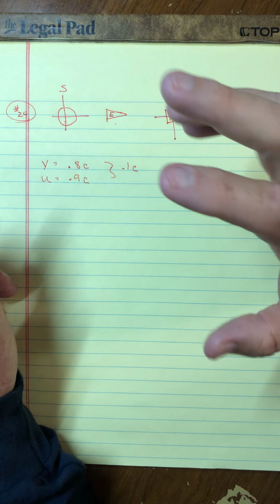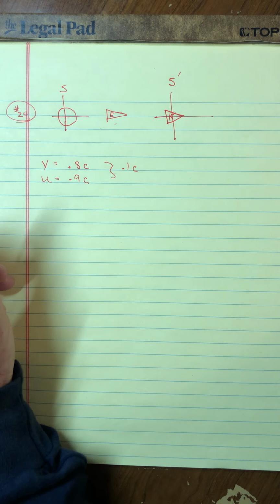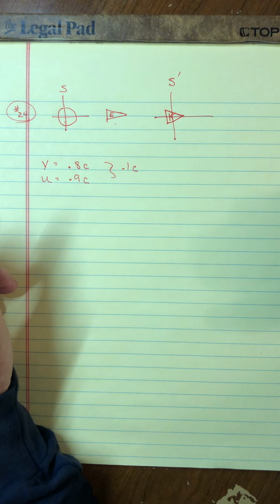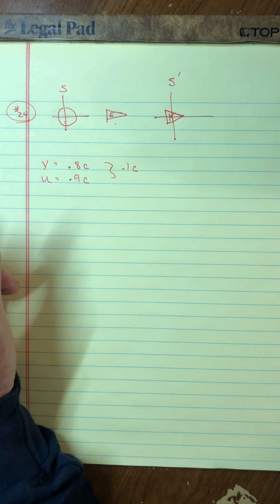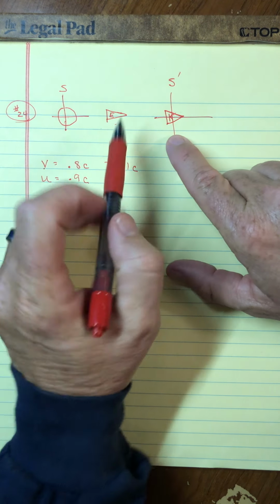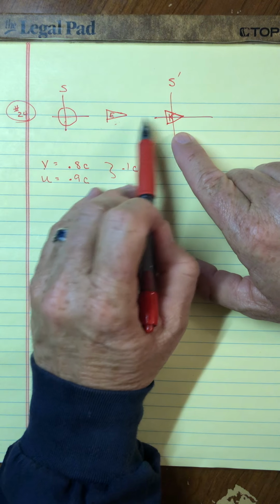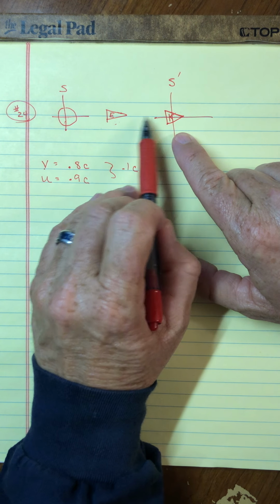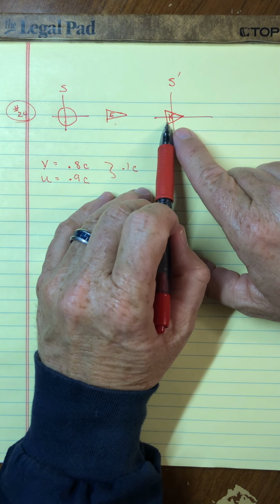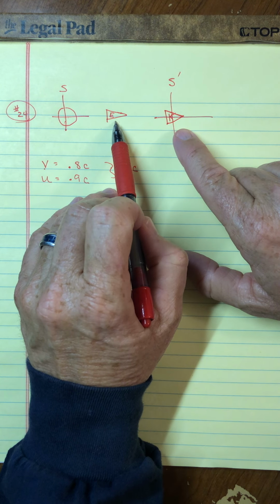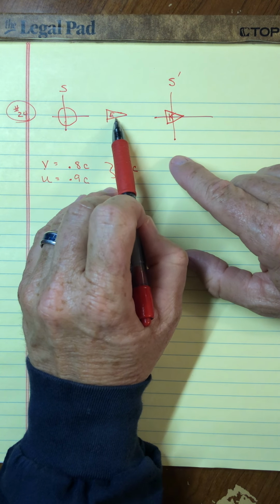The real part of this problem, it says, with what speed is the Enterprise overtaking the Klingon craft as measured by the crew in the Enterprise? Okay. And so what we're saying here is the speed between these two, the Klingon ship and the Enterprise, as seen by the Enterprise.